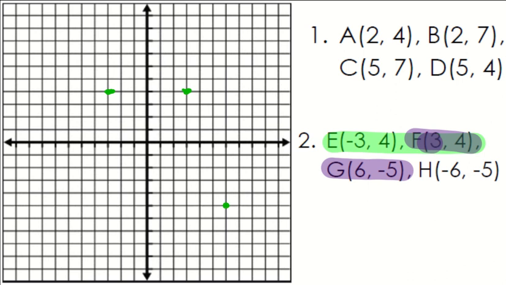Dot there. -6, -5. Dot there. We connect our dots. You can see that's a trapezoid. Okay? Any questions?